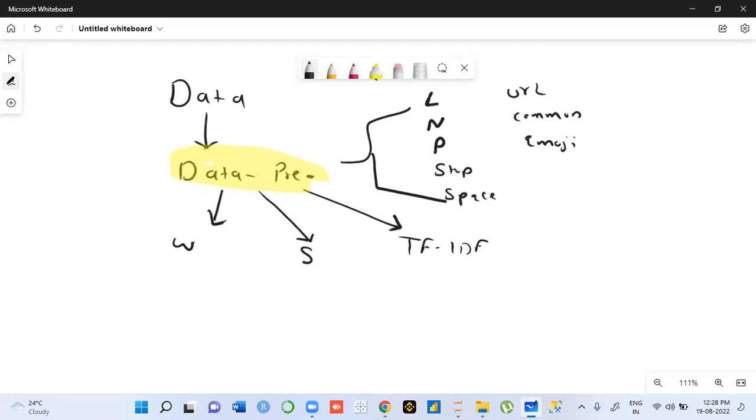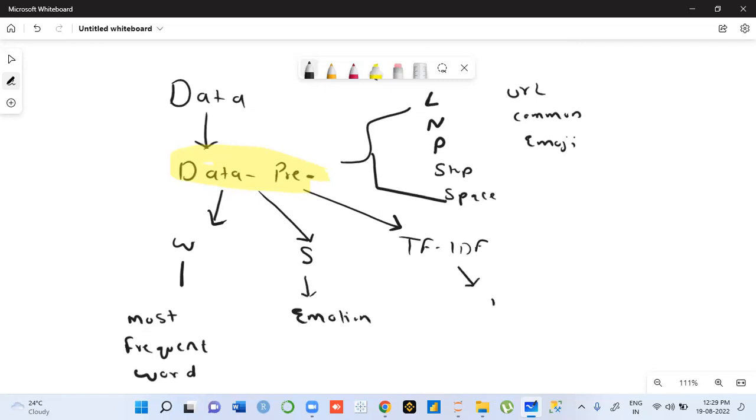Hello, sir. Yes. How can we understand which one we have to use, like word cloud or sentiment or TF-IDF? Word cloud is to find the most frequent words. Be easy. Sentiment is used to find emotions.